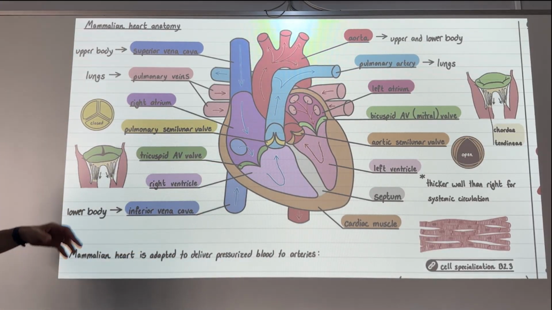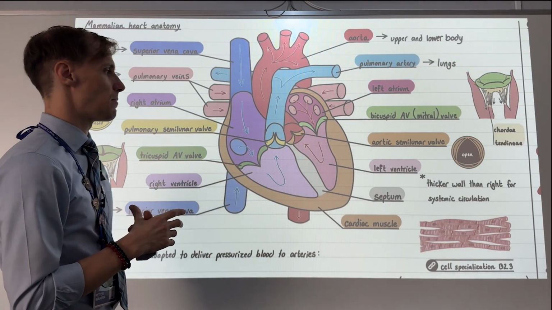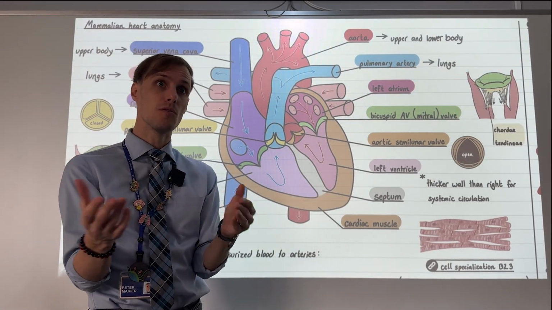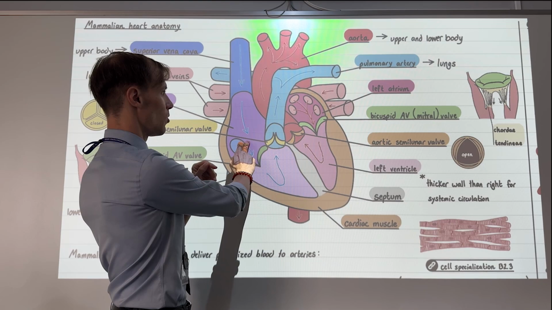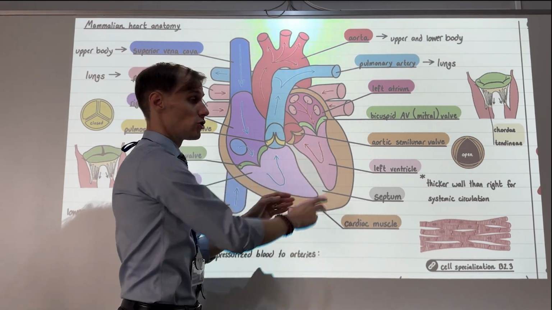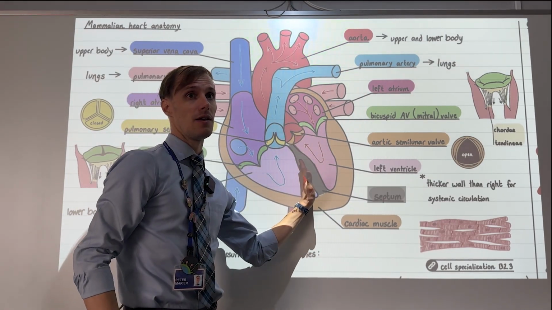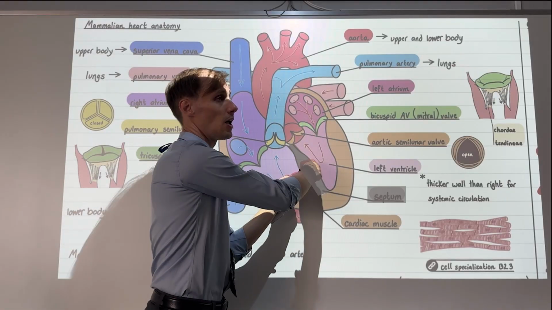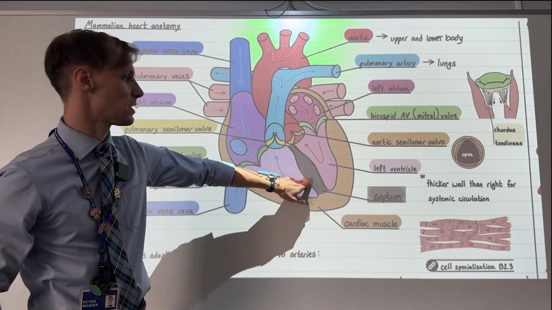Okay. Now, a few other things that I want to keep in mind. Unlike amphibians, we have 4 chambers. 1, 2, 3, 4. So this structure right here ensures that our blood does not mix. That structure is called the septum.